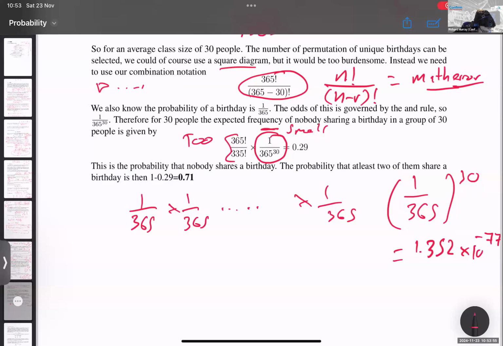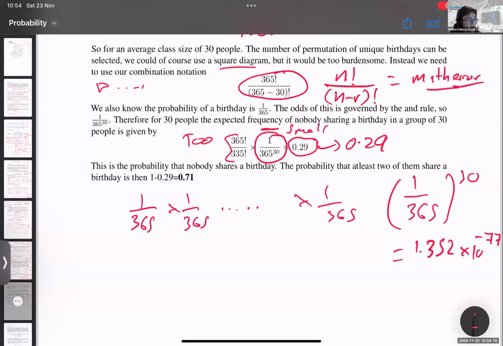This is a number that is too big for my calculator to calculate. I think if I put them both in at once, it still can't run it. So if you put that into an online calculator that's a little bit more robust than my Casio, we see that this gives us 0.29.